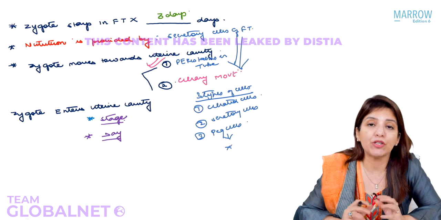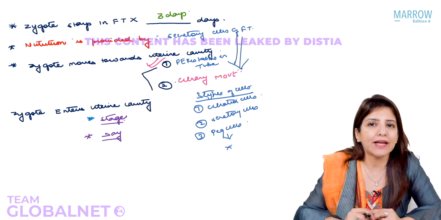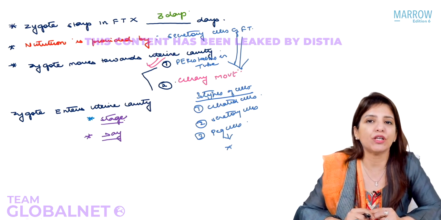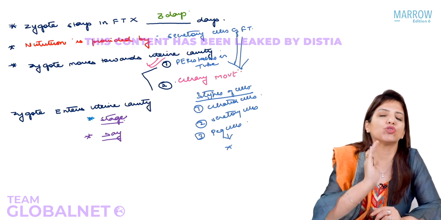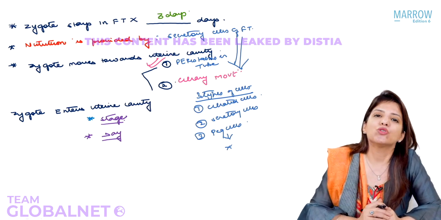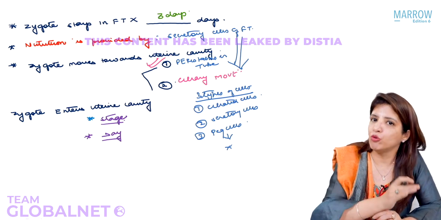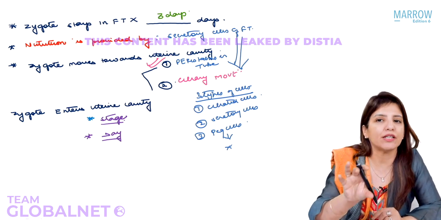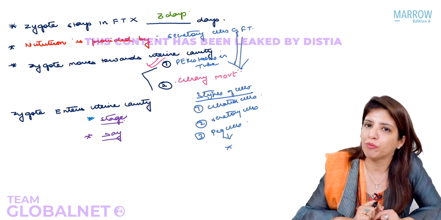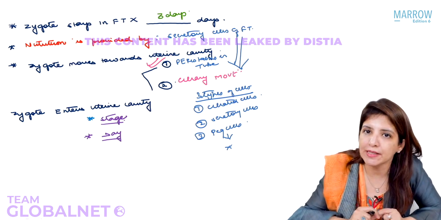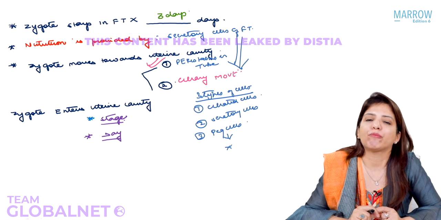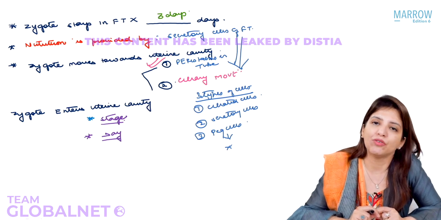If you remember, I just told you that peristalsis in the tube is the main reason for the movement of the zygote towards the uterine cavity. So if this peristalsis is decreased, then the zygote will not move towards the uterine cavity and it will implant in the fallopian tube, and that is what ectopic pregnancy is. And we all know that progesterone is a smooth muscle relaxant.